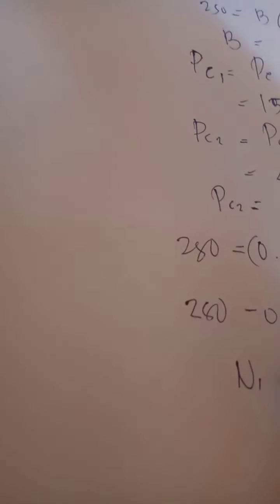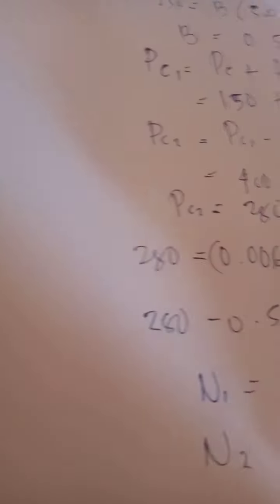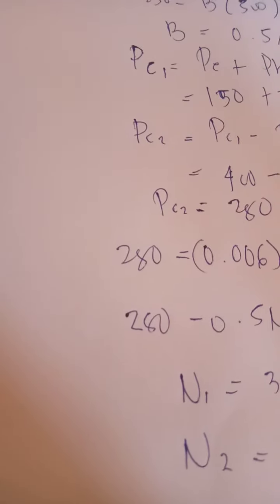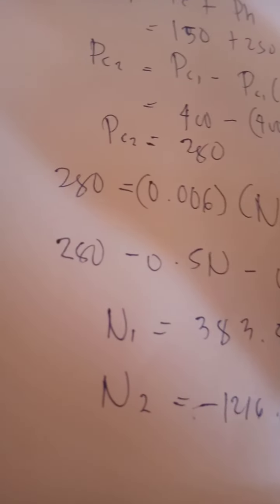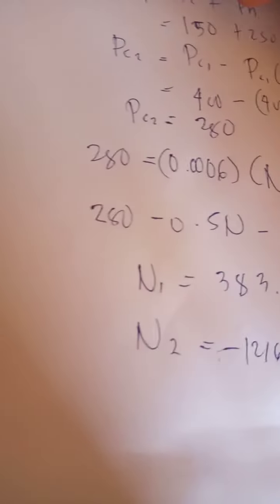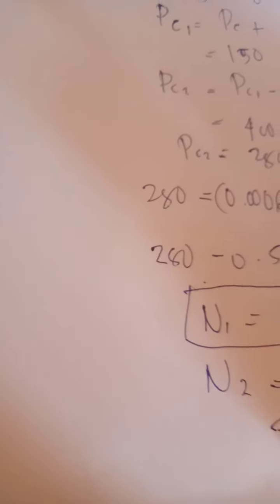We have n1 equal to 383.51, and n2 is negative 121684. Now the mistake I made is that this value is 0.0006. That's 3 zeros. Now since we can't have a negative speed, let's take this one as our new RPM.